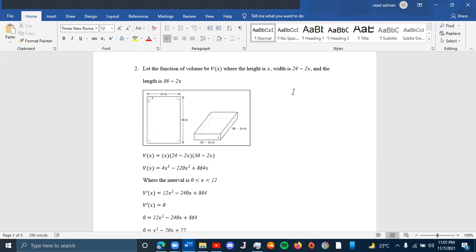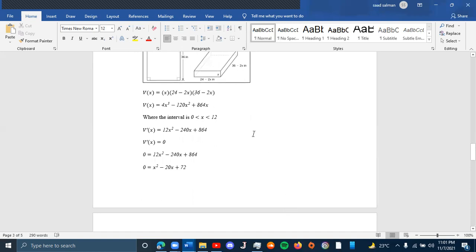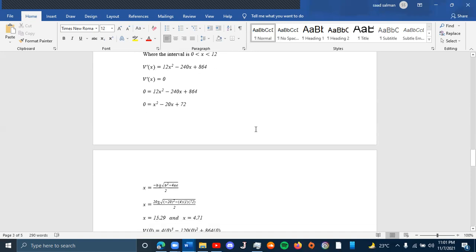So V(x) is equal to 4x cubed minus 120x squared plus 864x, where the interval is 0 < x < 12. So V prime x is equal to 12x squared minus 240x plus 864.